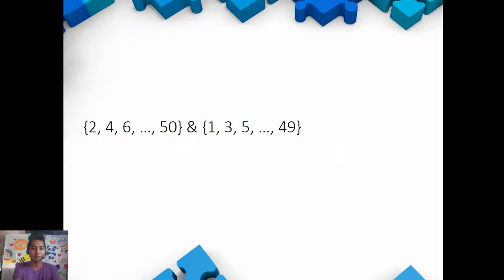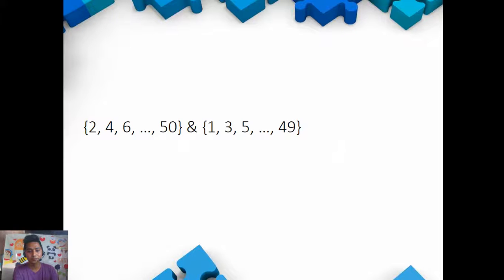Next, how about this one? 2, 4, 6, and then dot, 50, and then we have 1, 3, 5, 49. Okay, are they equivalent set? Do you think they have the same number of elements? How many elements are there? How many even numbers are there from 2 to 50?